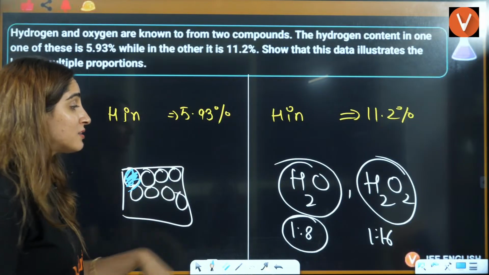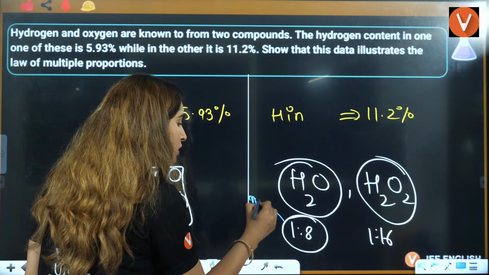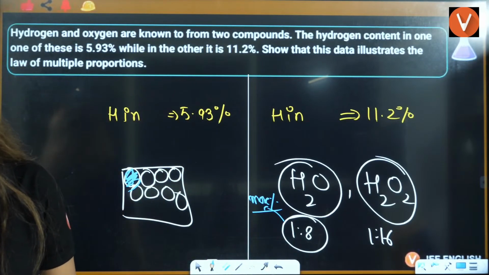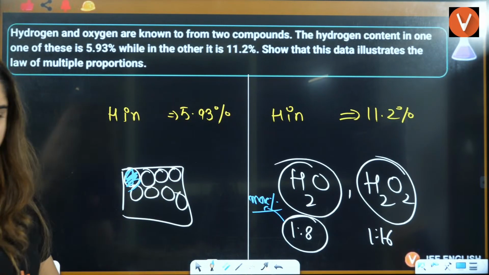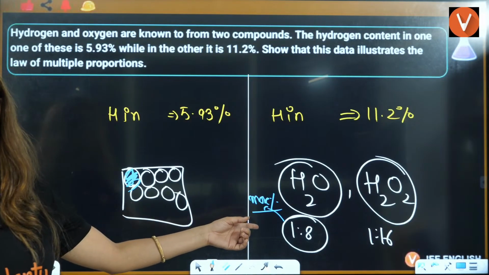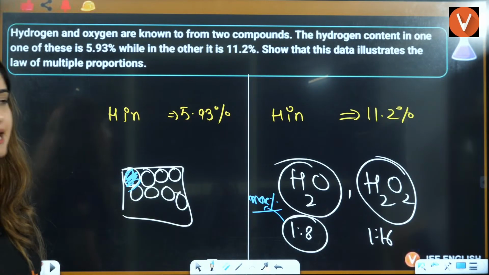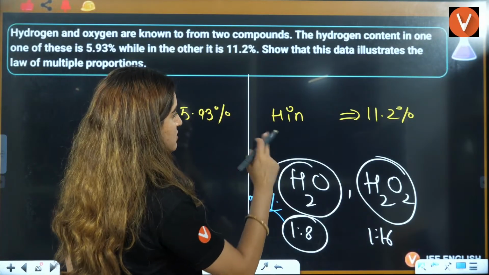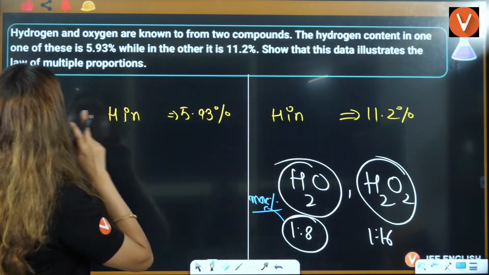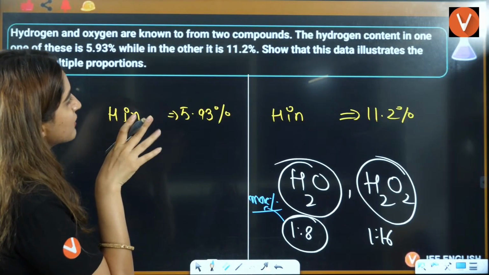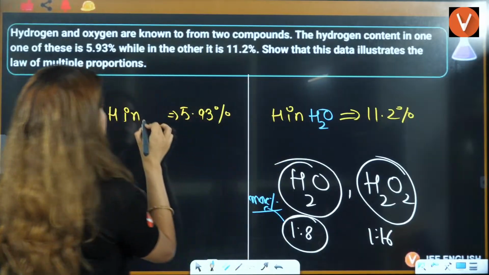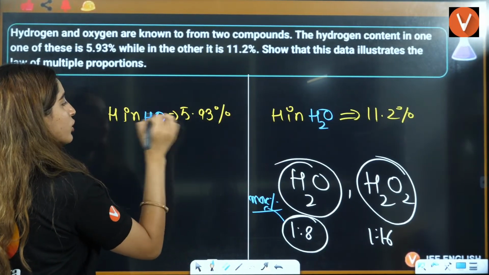That means H2O has more percentage of hydrogen, isn't it? Right, everybody? So the hydrogen content of 11.2% is in H2O, and the 5.93% is the hydrogen in H2O2.